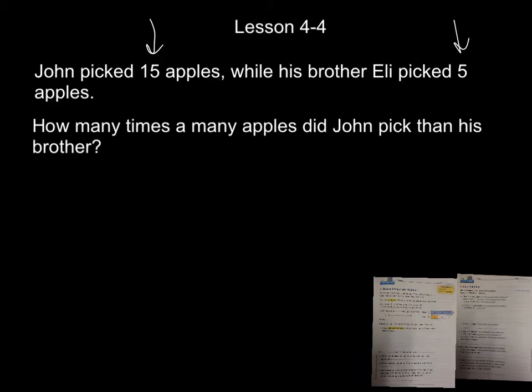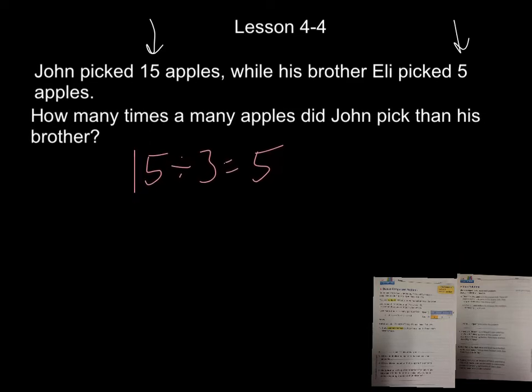Hopefully you're going to come up with an equation of 15 divided by 5 equals 3, or something like n times 5 equals 15. So we're still trying to find this number.